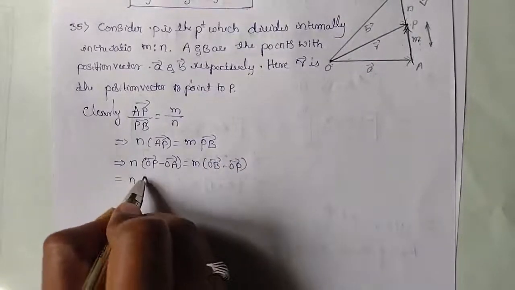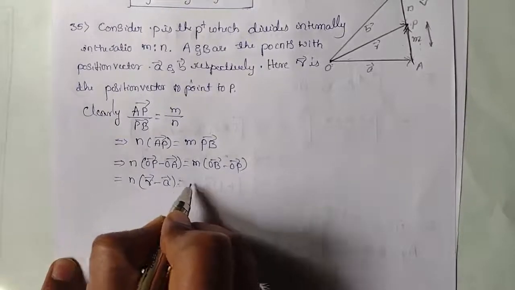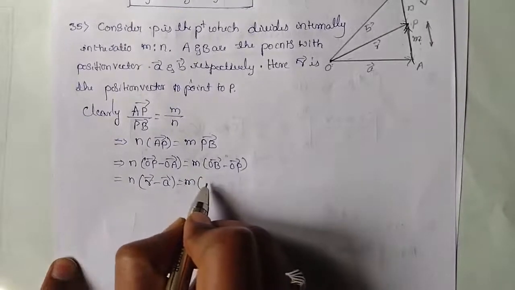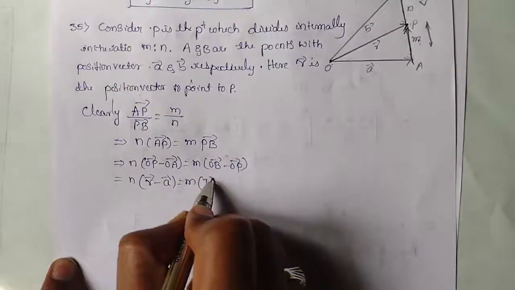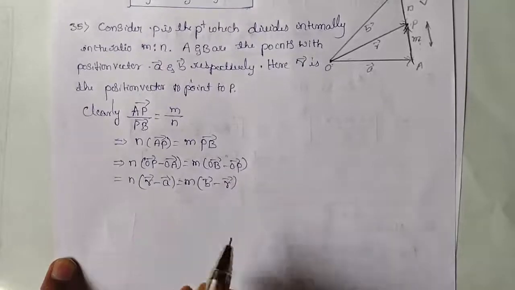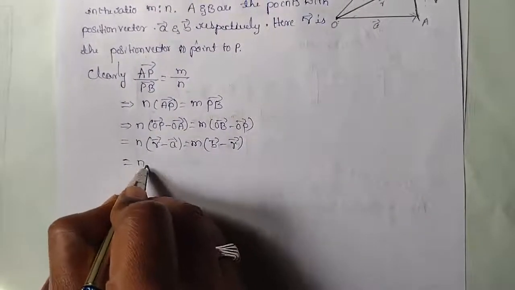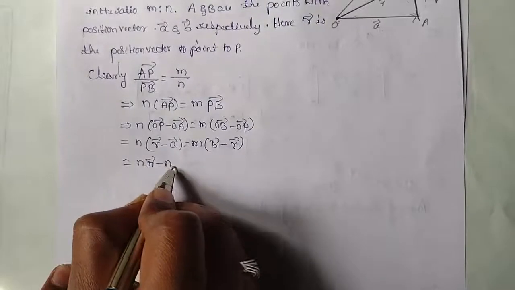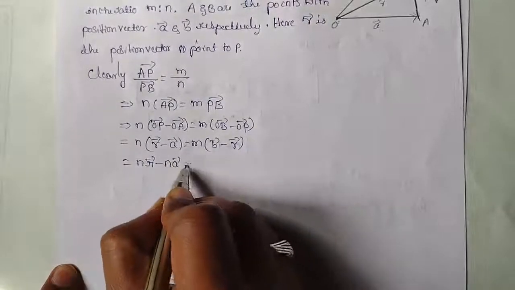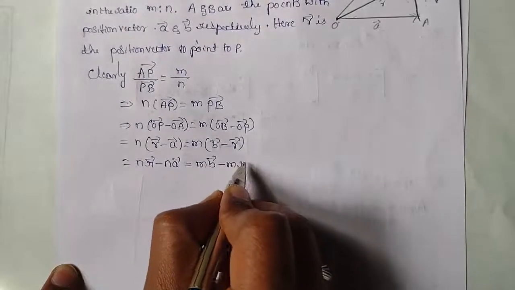So n into (OP vector, that is r vector, minus OA vector, that is a vector) is equal to m into (OB vector, that is b vector, minus OP vector, that is r vector). Clear? This is n r vector minus n a vector is equal to m b vector minus m r vector.